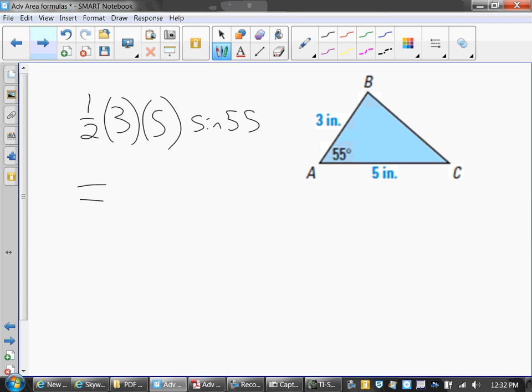And that's my area. So when I'm using my calculator, am I going to use 1/2 or 0.5 for ease? 0.5. There's your area.